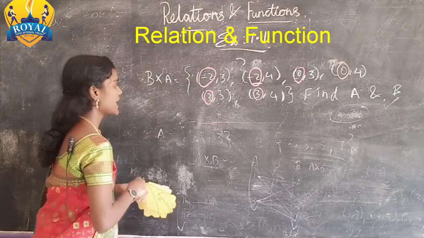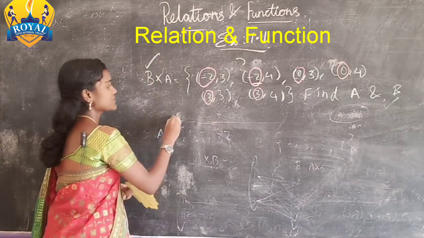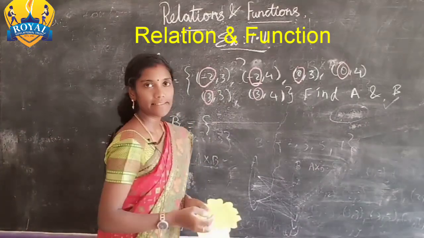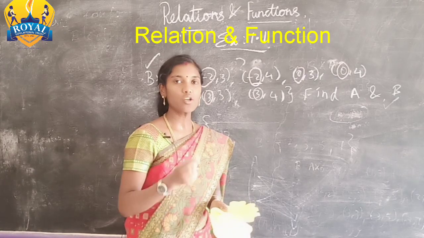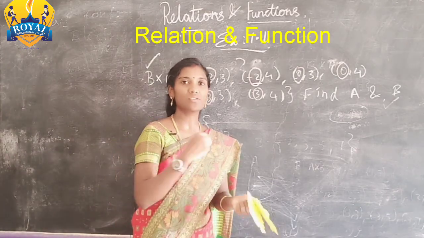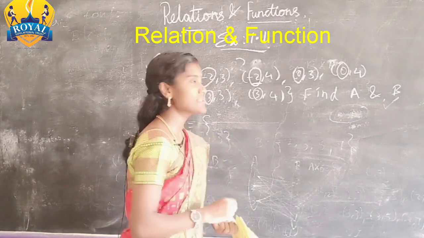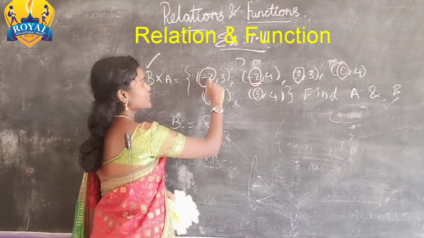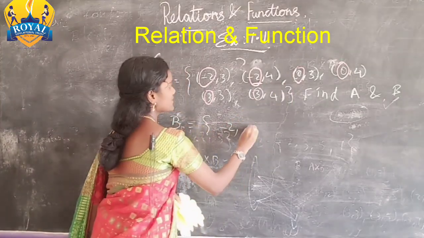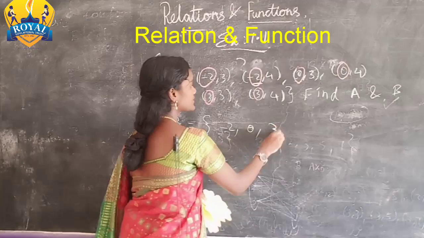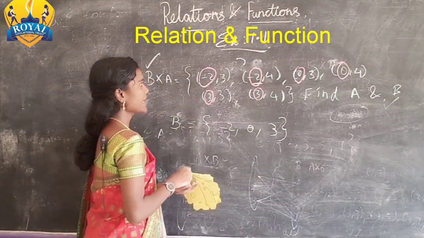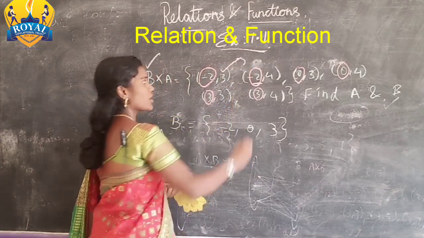B cross A means I am going to write the first set B. You cannot write the same number again. You write it only one time in a set. Repeated numbers do not come in a set. So for -2, I write only one -2, then 0, then 3. This is the set B. For the second numbers, I am going to put a tick mark.